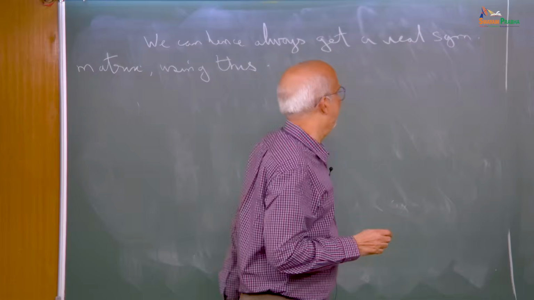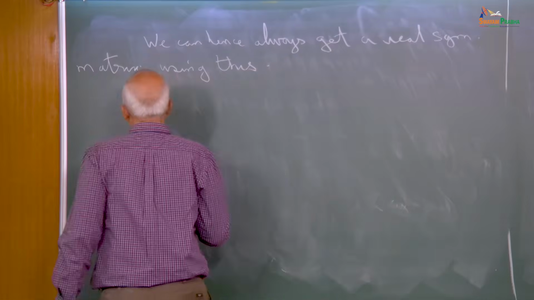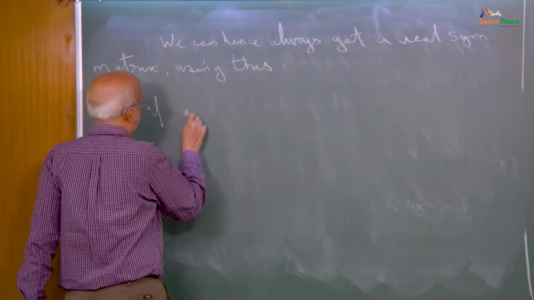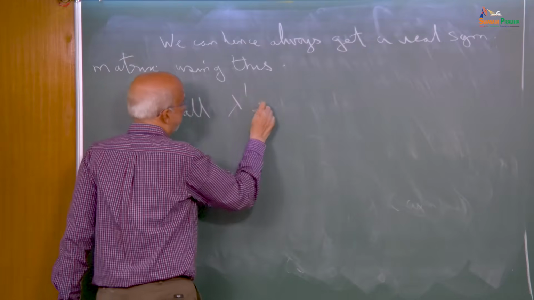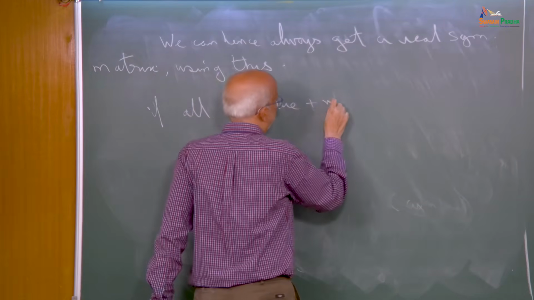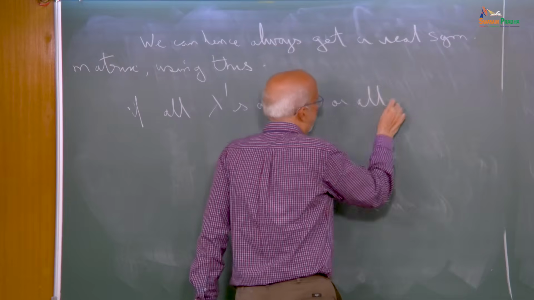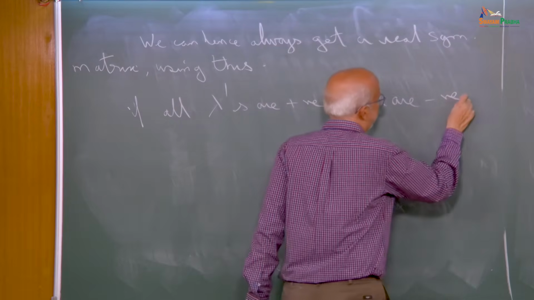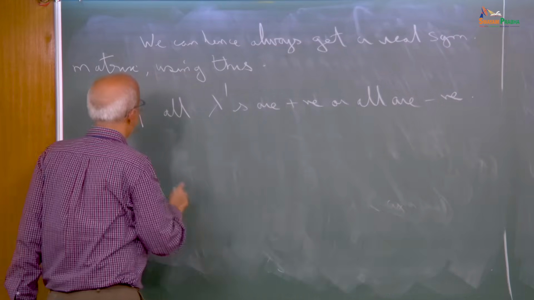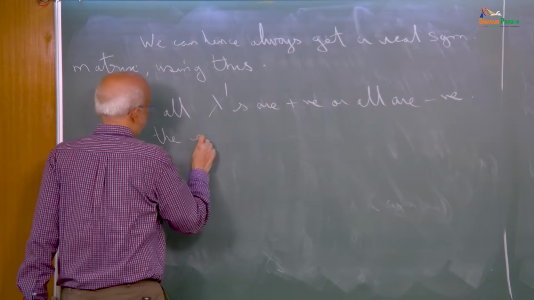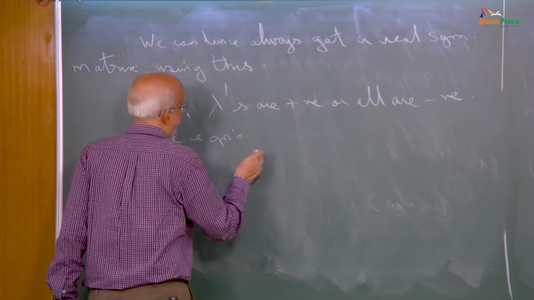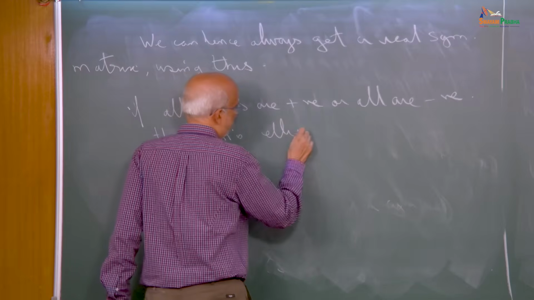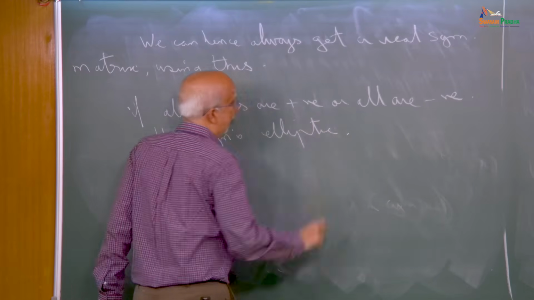So, now what is the classification? If all lambdas are positive or all are negative, then the equation is elliptic.